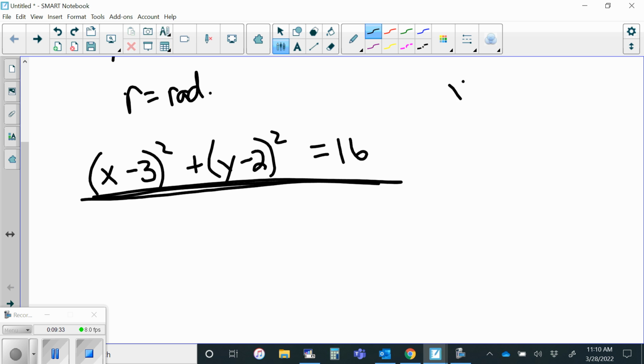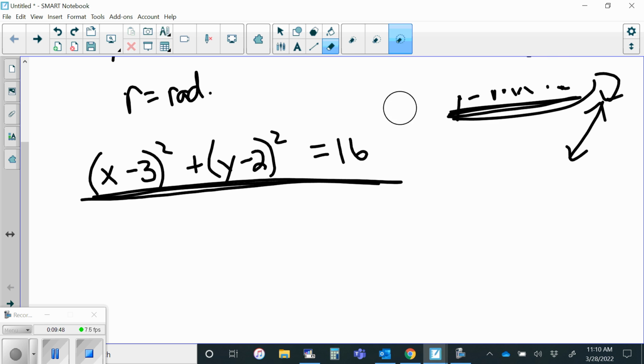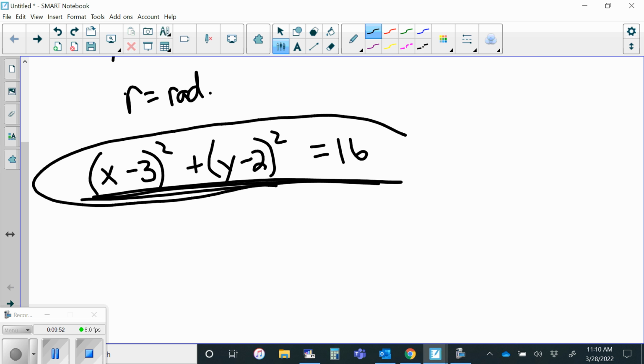Just like when I said y equals mx plus b, if I wrote it in that form, what kind of graph will that guarantee? A line. It's called slope-intercept form because I know what kind of graph it's going to give me. This looks like what a circle equation is going to be. So I already know this is going to make a circle.